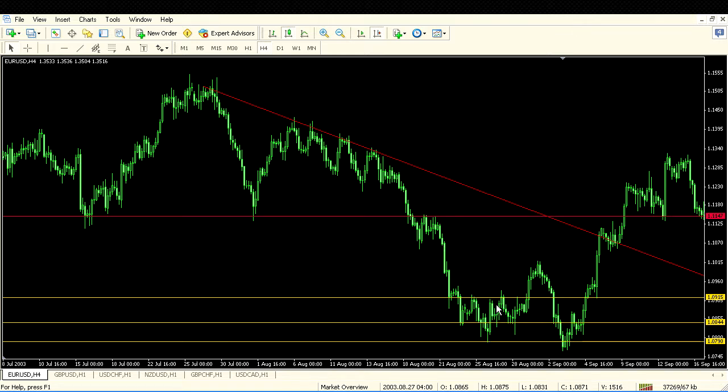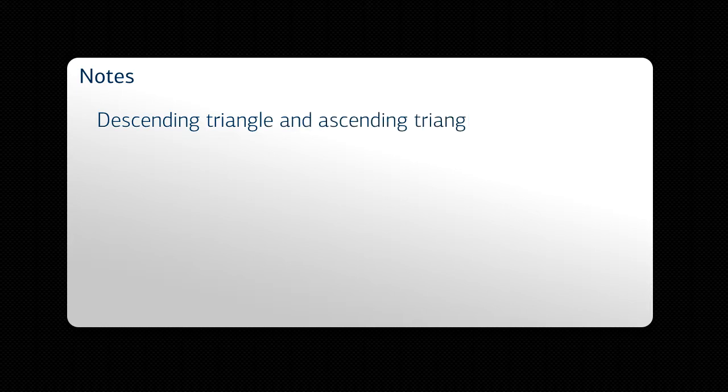It's also clearly seen on the third level of taking the profits. The goal was reached and the market reacts by a correction because of the general deal closing. Notes: the descending triangle and the ascending triangle are continuation patterns.